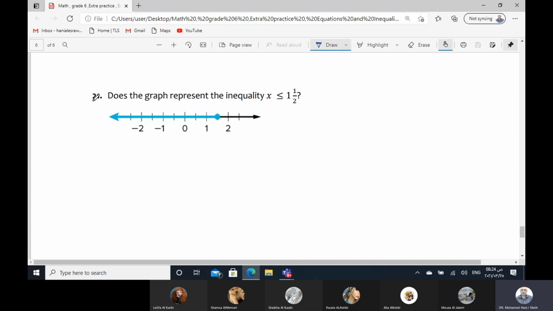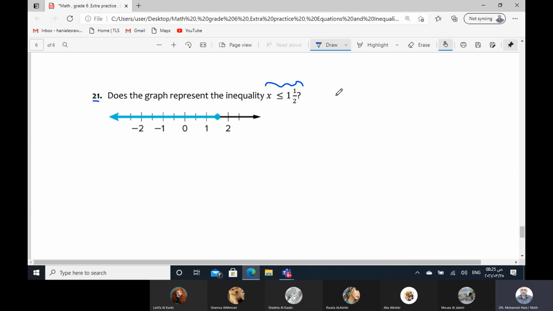In this question 21, the question says, does the graph represent the inequality x less than or equal to 1 and 1 over 2? So we want to know what the solution of this inequality is, and then we can know if this graph represents this inequality or not.